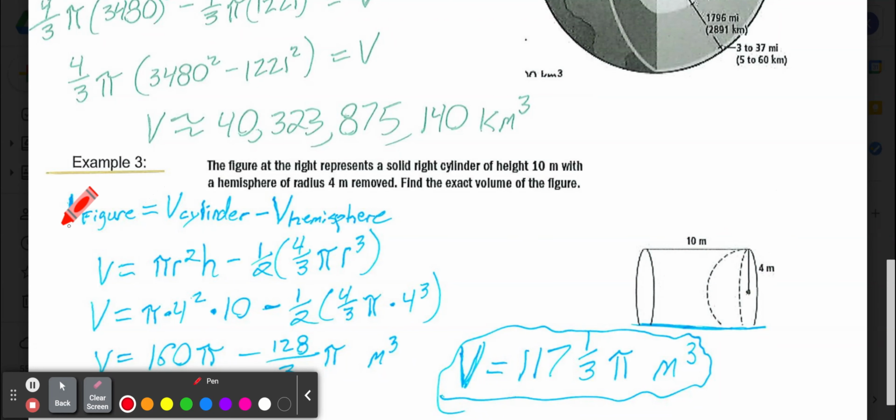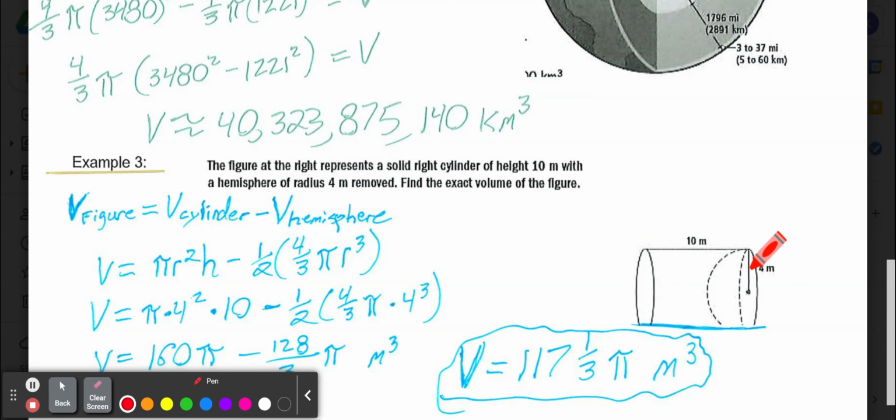So the volume of that figure would be the volume of the cylinder minus the volume of the hemisphere. So volume of a cylinder, which we looked at in a recent lesson, is pi r squared, area of the circle base, multiplied by the height of the cylinder.